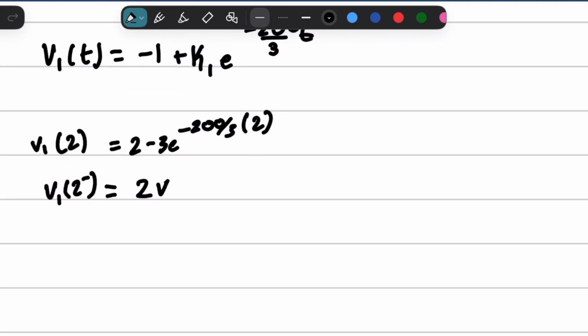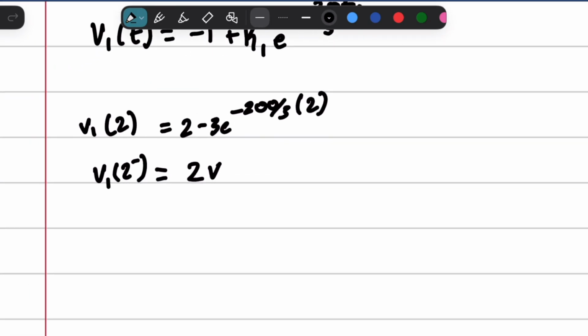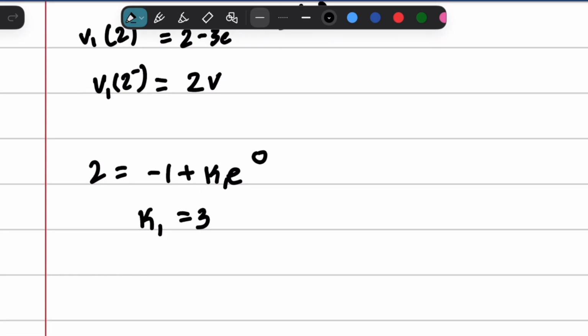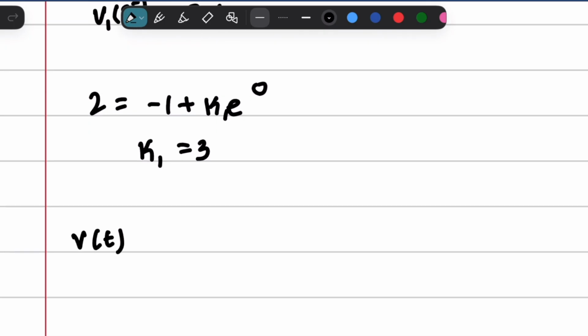So we are going to go ahead and plug in this 2, and I'm going to say 2 is equal to -1 plus k1 e to the 0. So k1 is equal to 3, and we've got v of t is equal to -1 plus 3e to the -200 over 3.